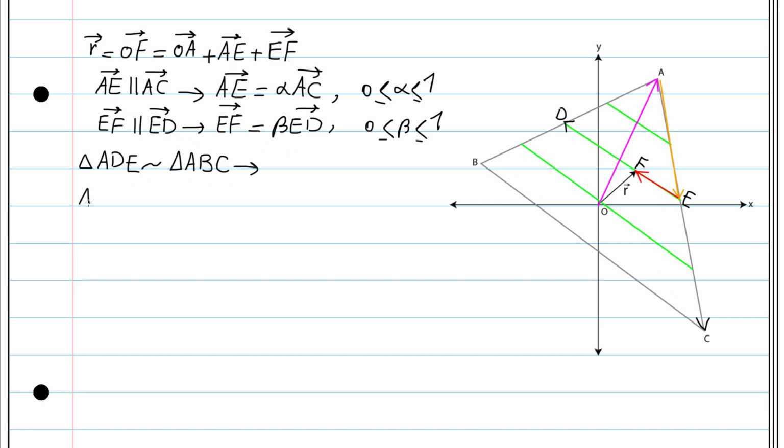We can write AD to AB is the same as AE and AC is the same as ED and CB. Let's call these relations 1 and 2.